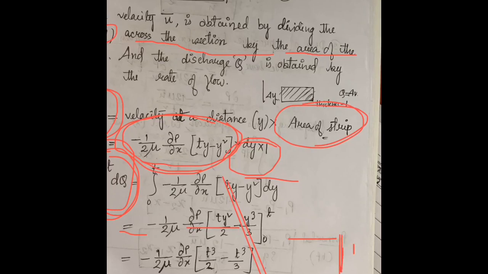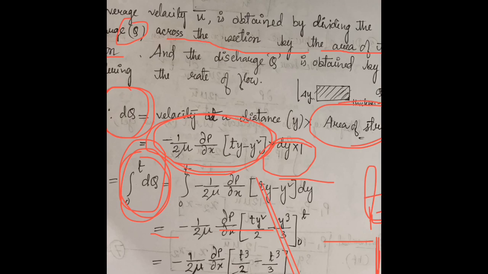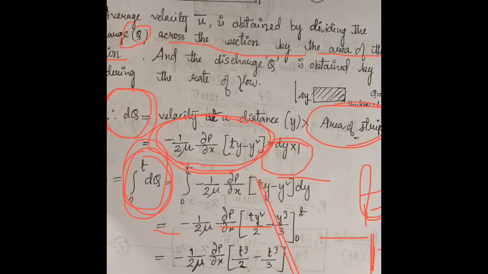In place of q, you just put the value of q, and in place of area it will be t into 1, since the thickness is t and the width is unity. So the average velocity u bar will be minus 1 by 12 mu del p by del x t square.